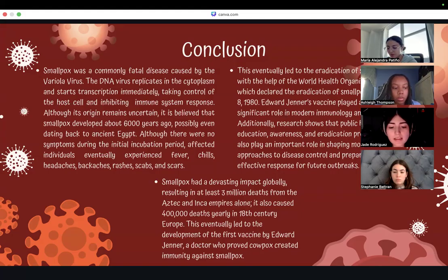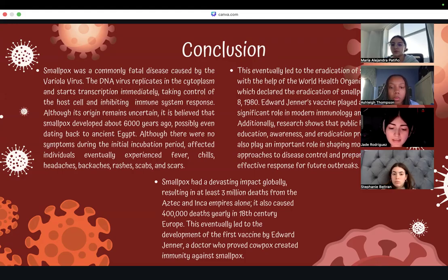Smallpox had a devastating impact globally, resulting in at least 3 million deaths from just the Aztec and Inca empires alone. It also caused 400,000 deaths yearly in 18th century Europe, as well as at least 300 million deaths in the 20th century.